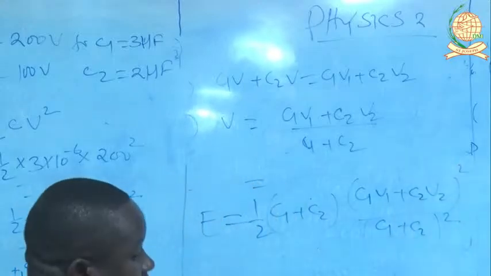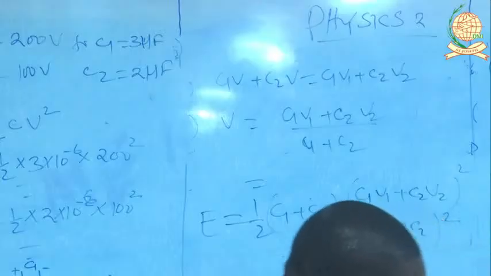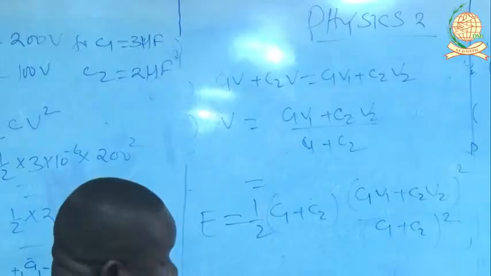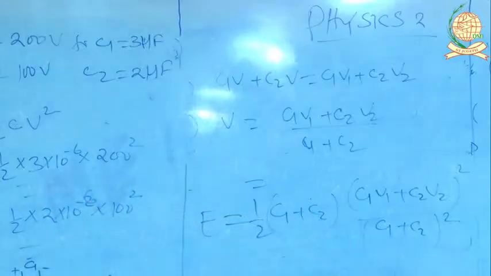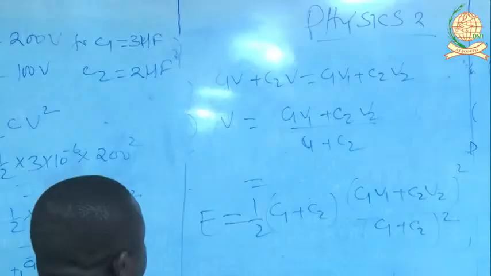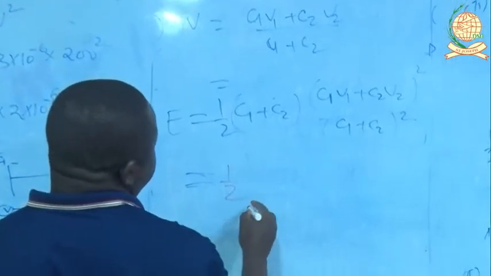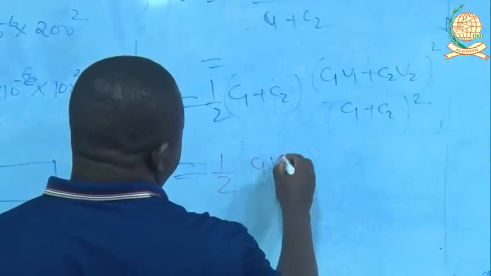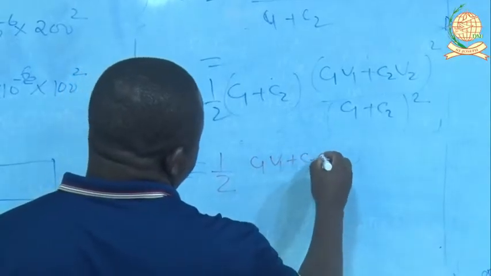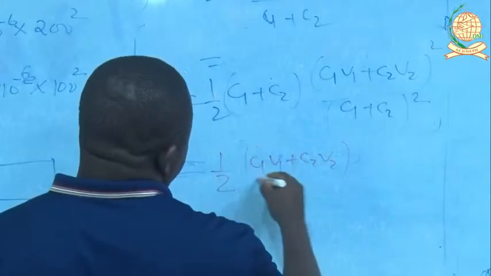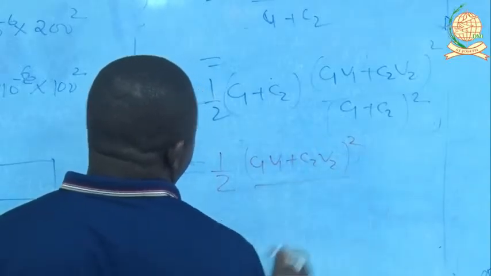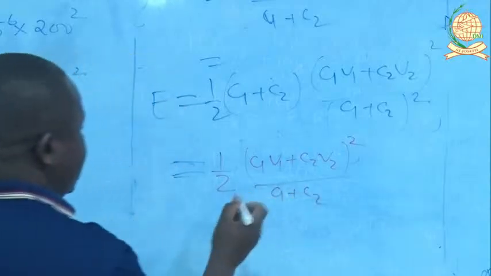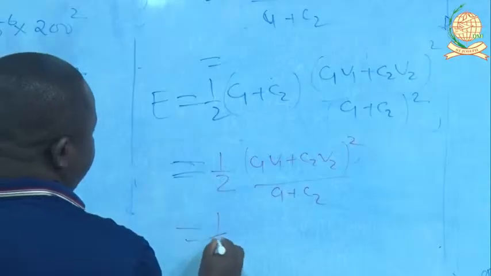So you get the total energy equal to a half, C1 plus C2 cancel out partly, C1 V1 plus C2 V2 square over C1 plus C2. So you substitute in the given data.